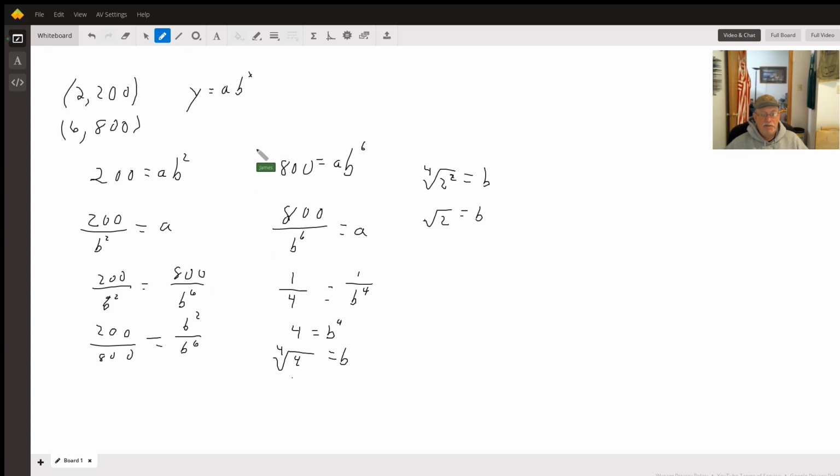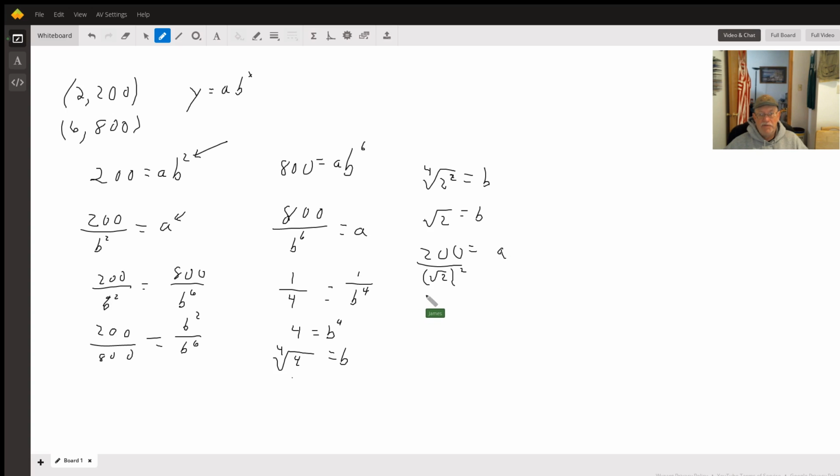So I'm going to substitute it into this one. So now I got 200 equals, or we don't have to do that. We'll substitute it into this one. 200 over the square root of 2 squared equals a.